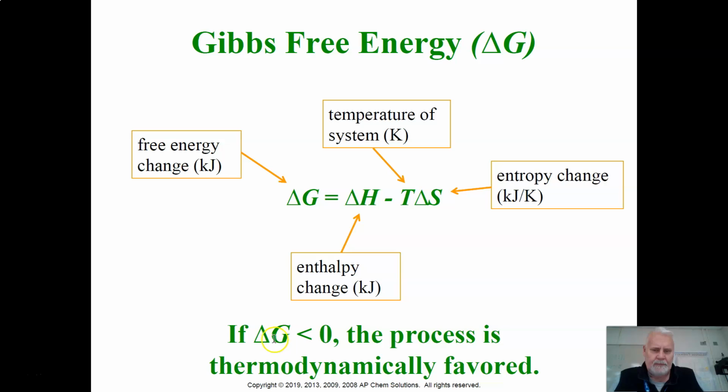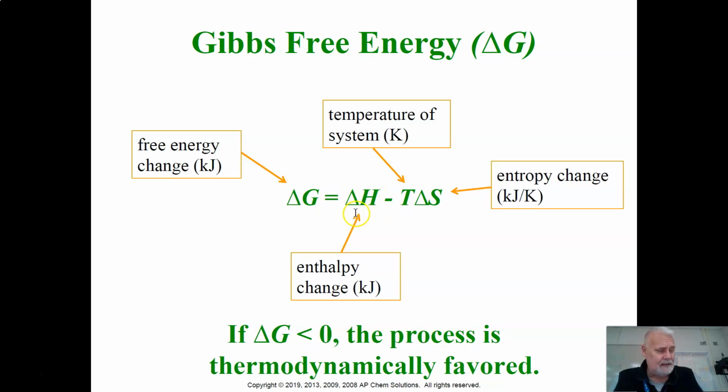So, if delta G is less than 0, the process is thermodynamically favored. I always remember it's very similar to when we talk about delta H. When delta H is negative, exothermic, gives off heat. Delta G is favored if it's negative. So you want delta G to be negative. And that makes sense because we said exothermic processes tend to be favored.